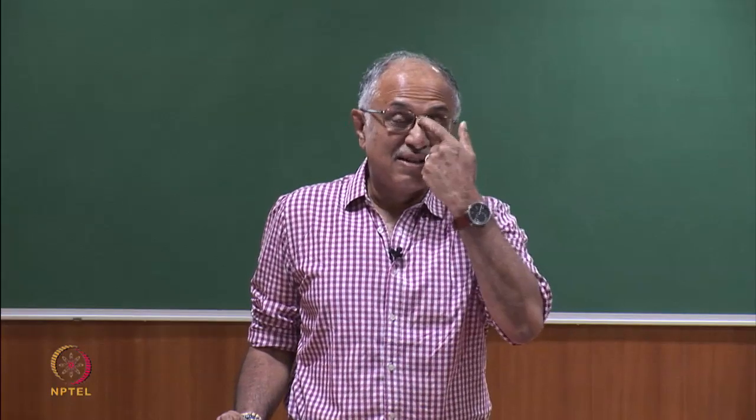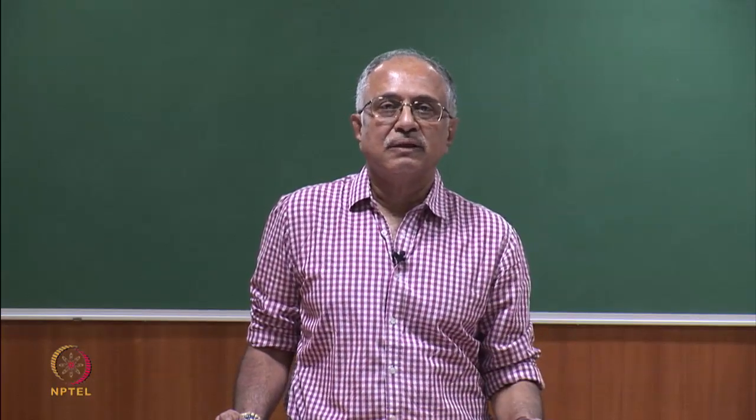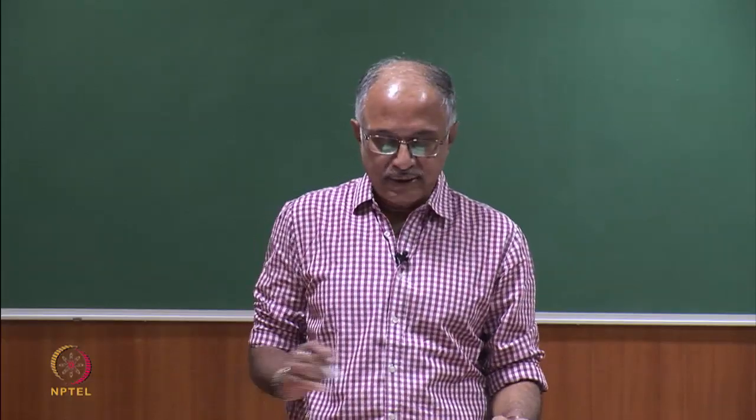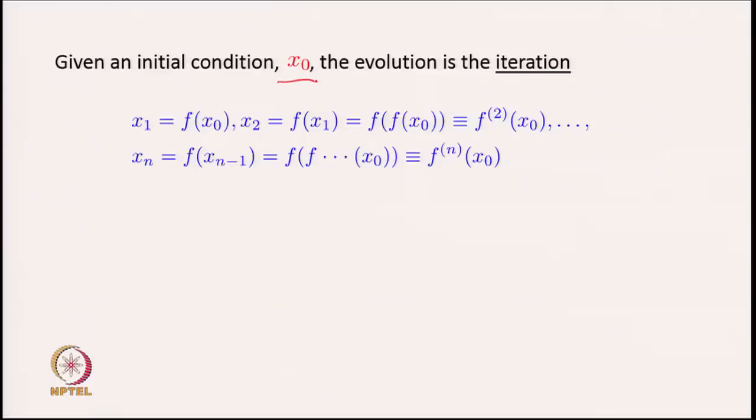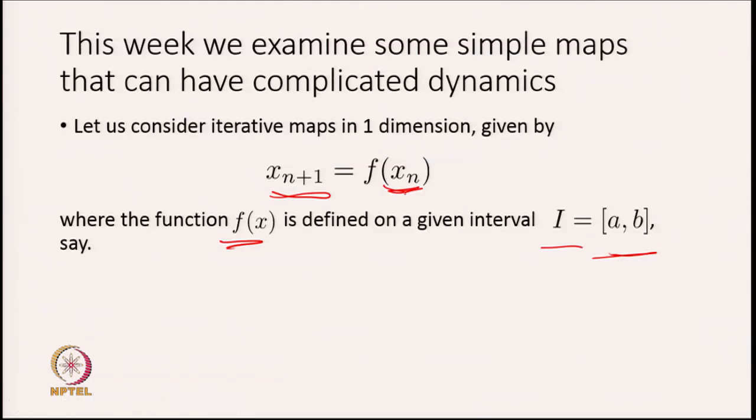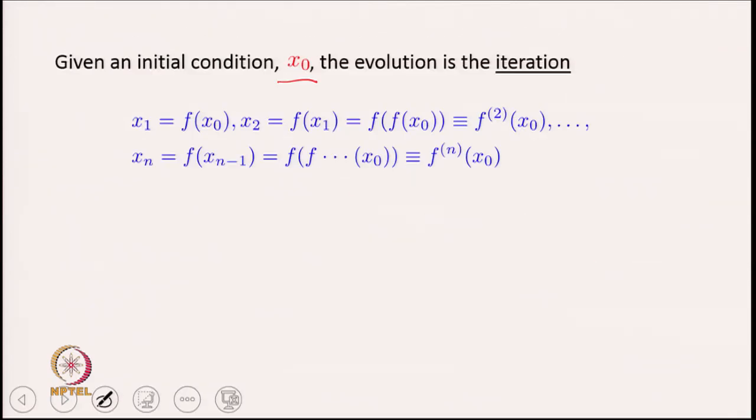By and large, we are interested in the evolution starting from some initial point, x_0. We would like to know what happens to x_0 under the map. Well, as we have seen, given x_0, putting n equal to 0, x_1 is given as f(x_0).